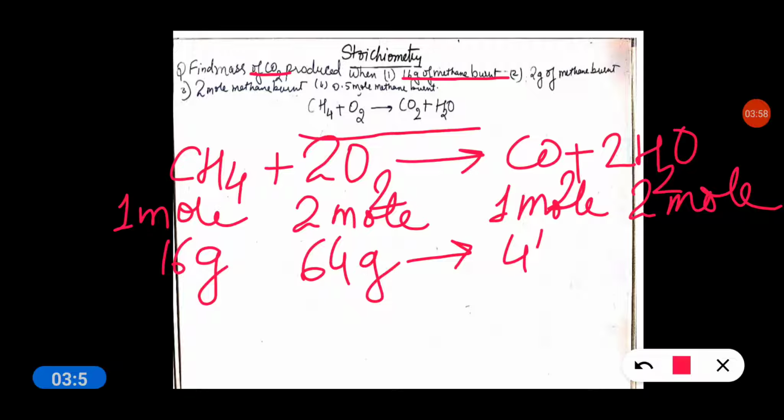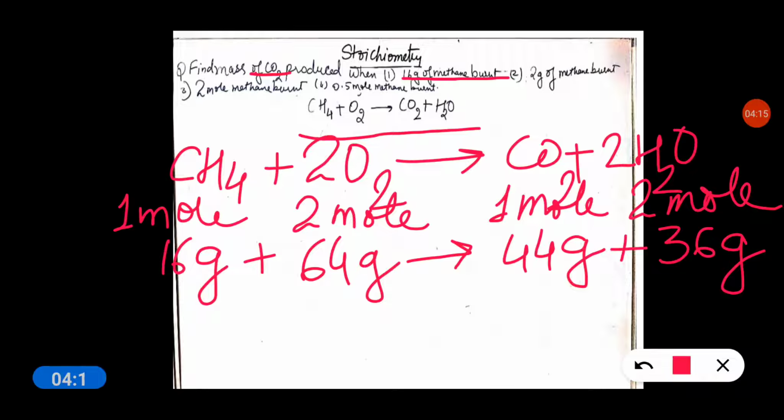It gives 44 gram of CO2 plus 36 gram of water. So these two pieces of information we are getting from the balanced chemical equation, right?